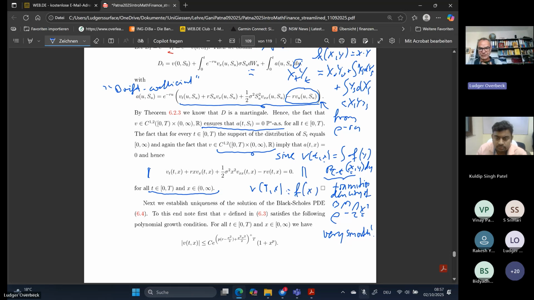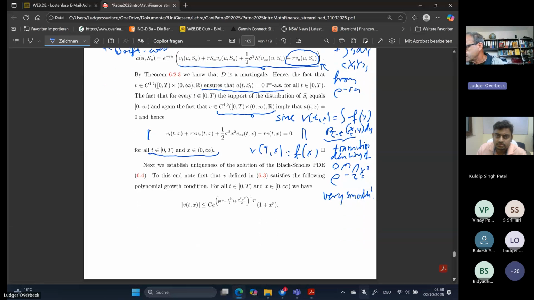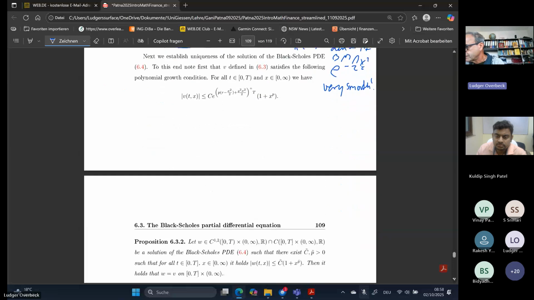So the Black-Scholes partial differential equation is a boundary value problem, with the boundary at capital T. So from the uniqueness, we again prove based on the properties we have from f, just to show you shortly, not in detail.